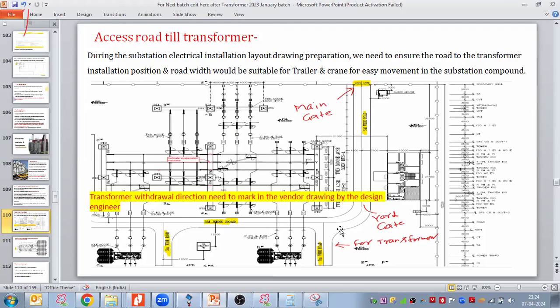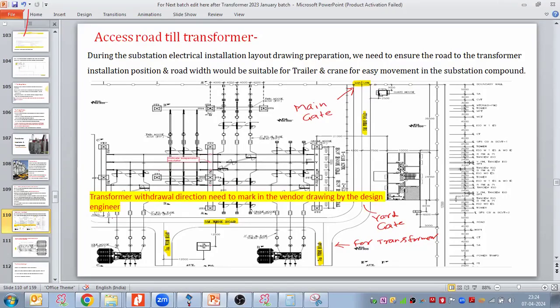So in the layout drawing, make sure to have the road near to the place which is decided for the transformer. During the substation electrical installation layout drawing preparation, we need to ensure the road up to the transformer installation positions, and the road width would be suitable for trailer and crane for easy movement in the substation compound.